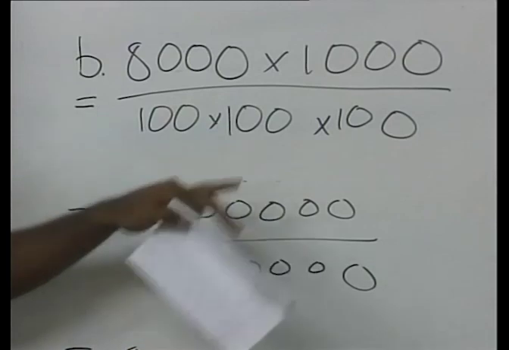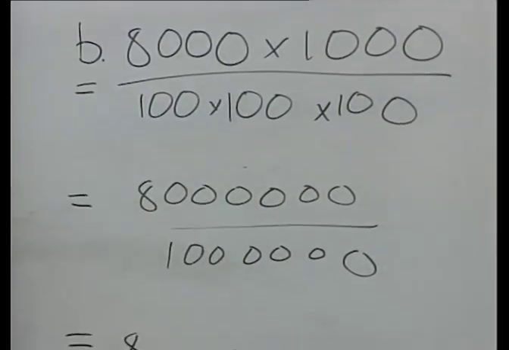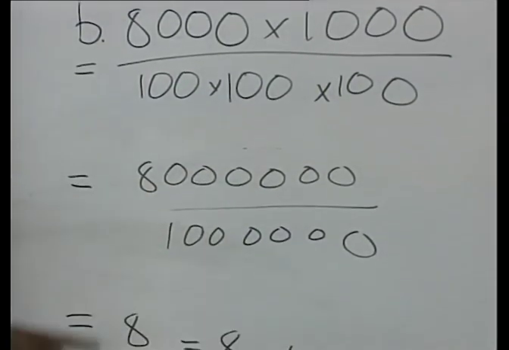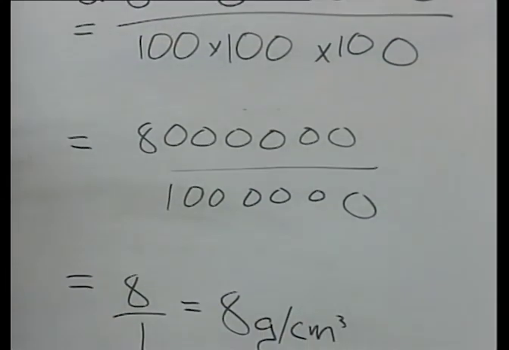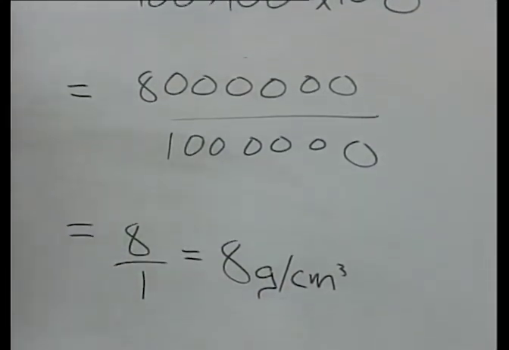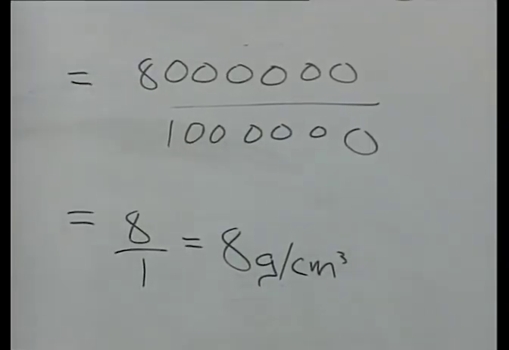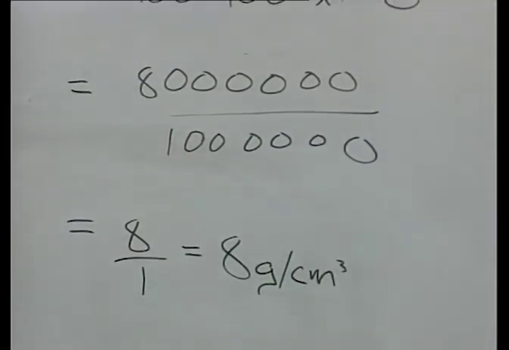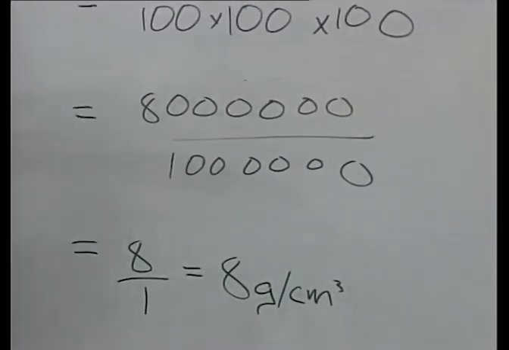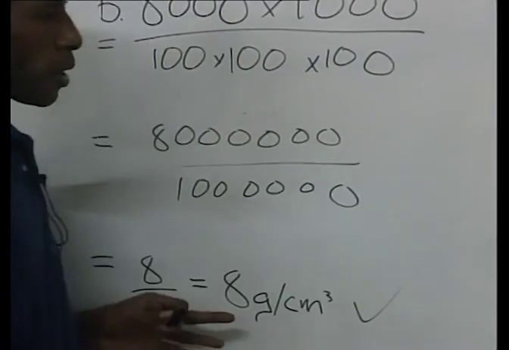I multiply this across, I get 1 million. I divide that into that, I get 8, which equals 8 grams per cubic centimeter. Okay, very good. The answer is right, 8 grams per cubic centimeter.